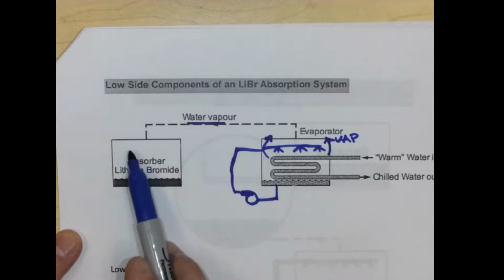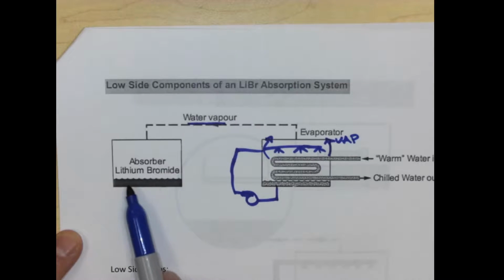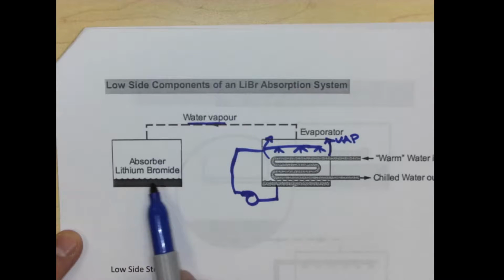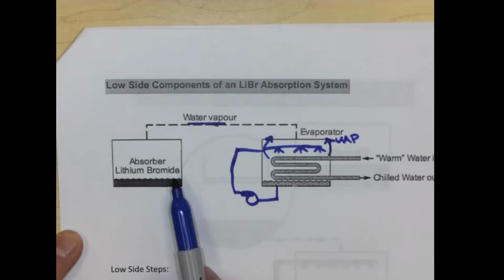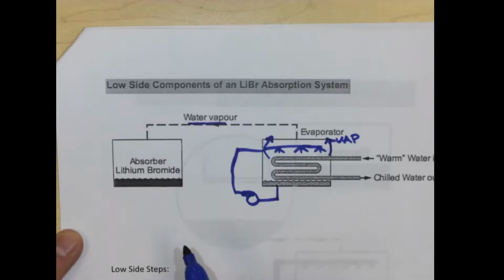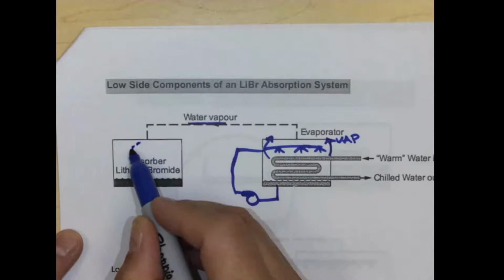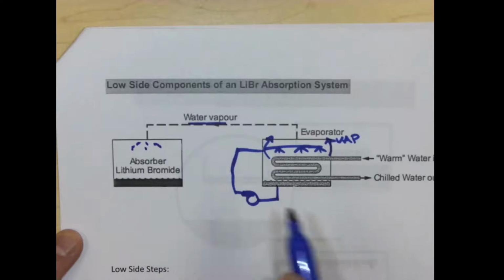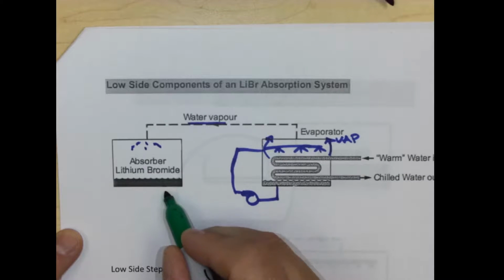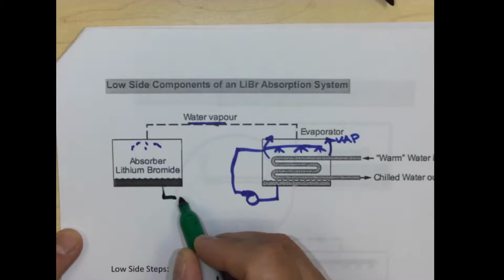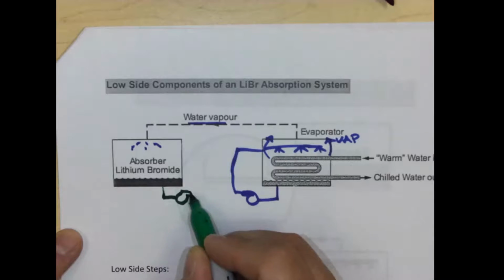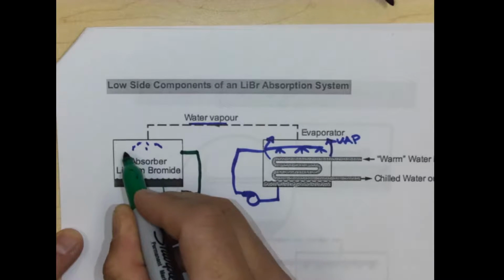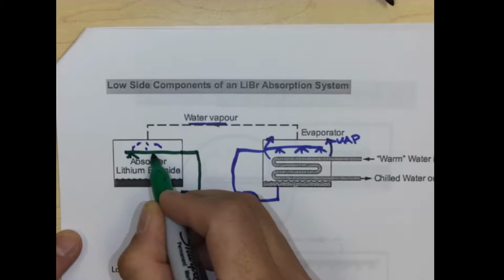So water comes in, and we've got this lithium bromide solution sitting down at the bottom, and we need these to mix because I've got this vapor coming in. With our lithium bromide solution, we're going to have another little pump to pump it around, and it's going to spray in.